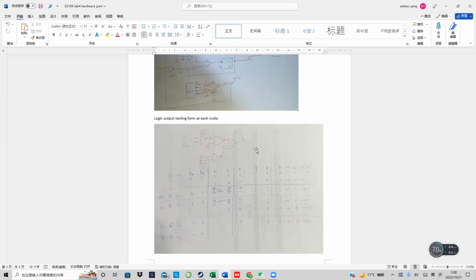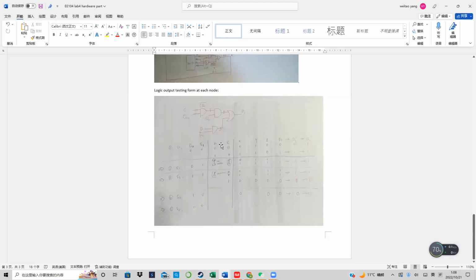When the voltage output is about 3 volts or high, it means logic 1. When the voltage is only about 0.1 or 0.2 volts, that means logic low.